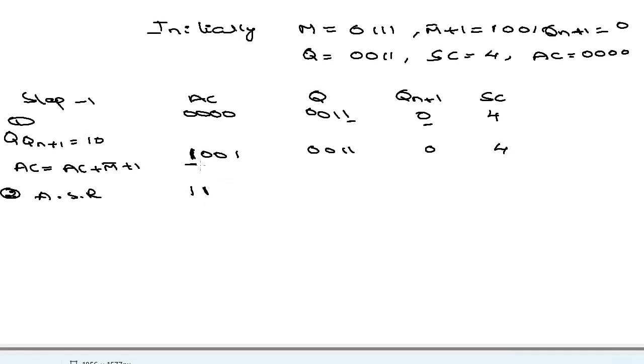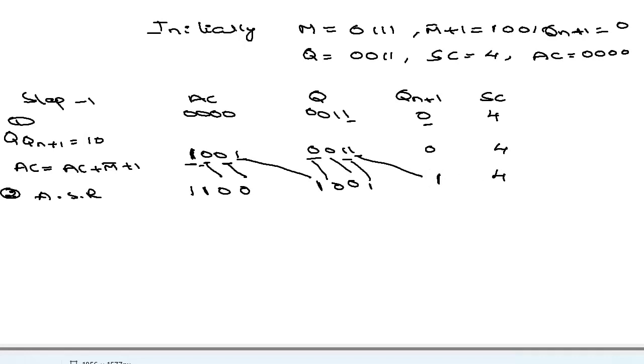So double 1, and the second position value is moved to the third position, the third position value is moved to the fourth position, and the last bit is moved to Q. Next is 1001, and this value is shifted to Qn plus 1. The sequence counter is 4.